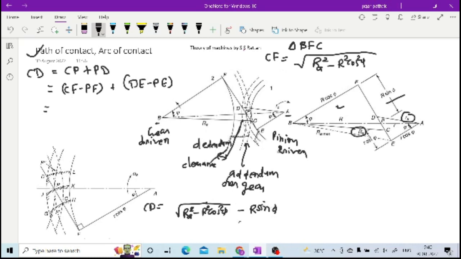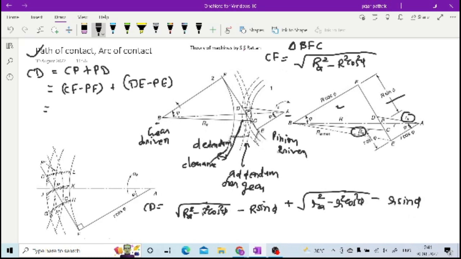Now as you have written this for your gear, similarly when you write for DE and PE for your pinion also, you will find it in a similar way, that DE is nothing but the square root of RA square minus R square cos square phi, minus R sin phi.